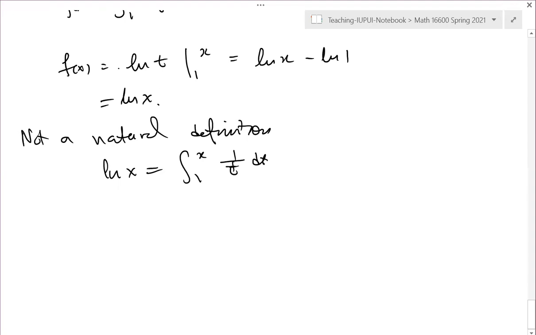And if you use this one as the definition, you see, it's harder to define the exponential function. It's harder to define the logarithm function, right? But you can use the elementary function you're familiar with, 1 over e to the x, and then use the integral to define natural log. Once you define the natural log, then you can define its inverse, which is the exponential function.